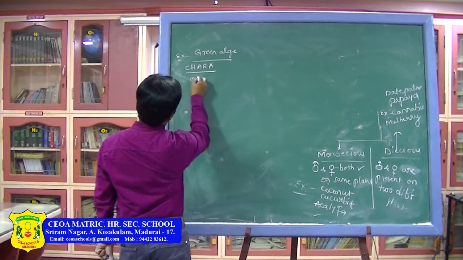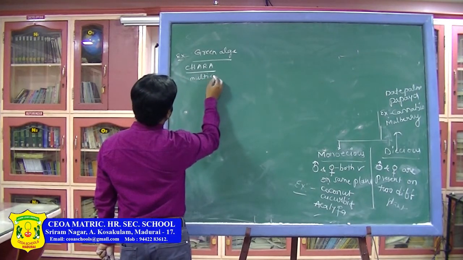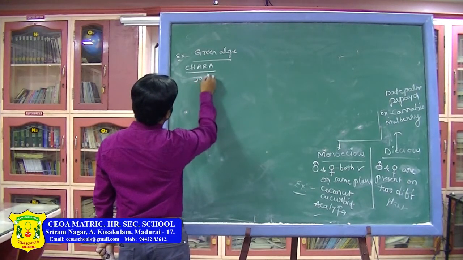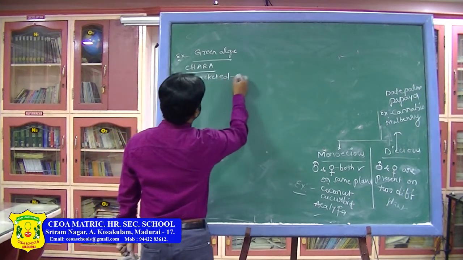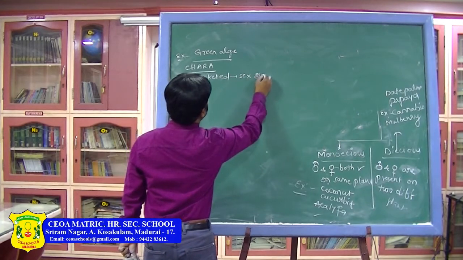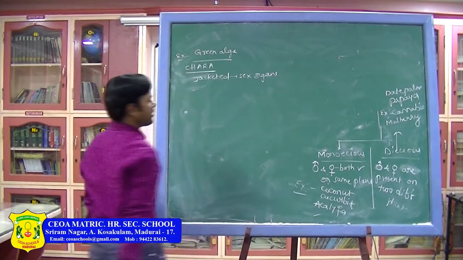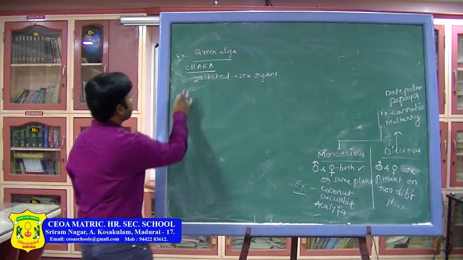What is that? Jacketed sex organs are present. Okay. Where are they present?